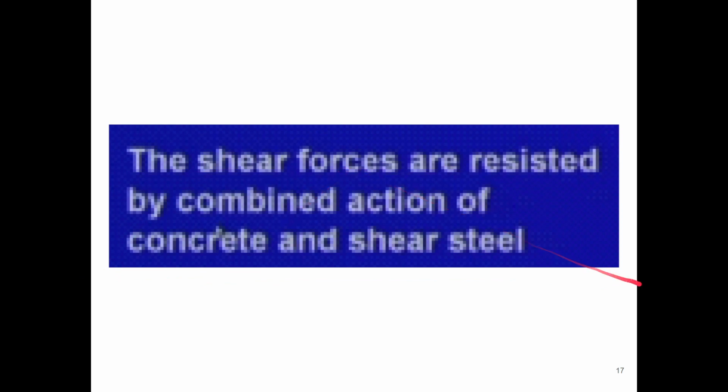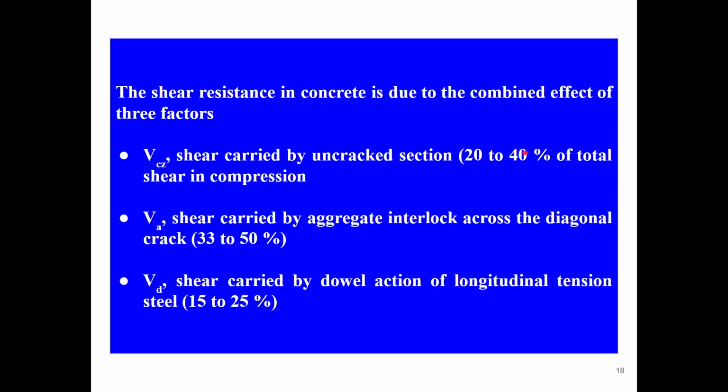So there is the requirement of shear steel, which is nothing but the stirrups. Stirrups are required so that the required shear strength of the design is met, because the concrete and the longitudinal steel will not always be able to take the shear forces for the design loads.